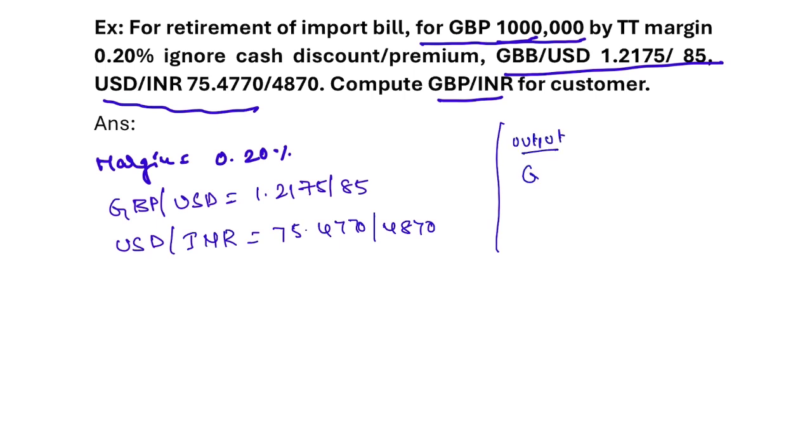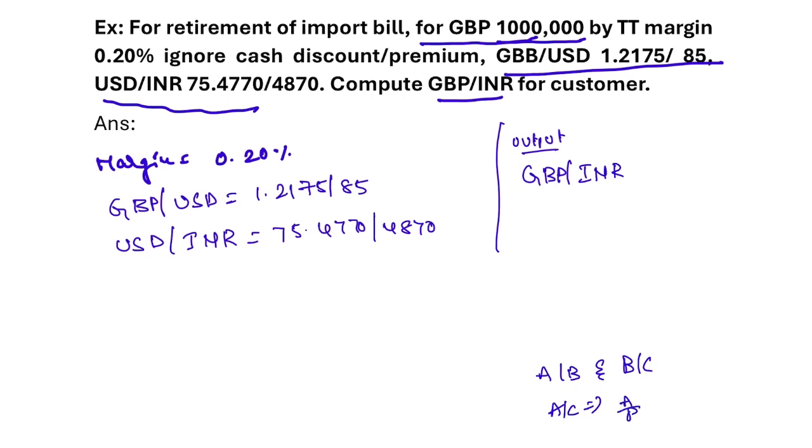What we want is GBP by INR. And we have discussed earlier, for GBP by INR there is no direct quote available. We have to use the cross rate mechanism. Suppose in our 10th class or plus 2 level, if they have given A by B and B by C, we need to find A by C. What we will do?